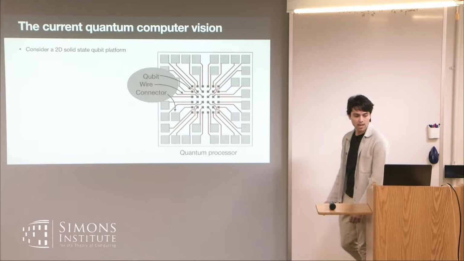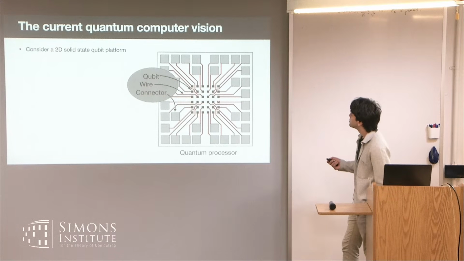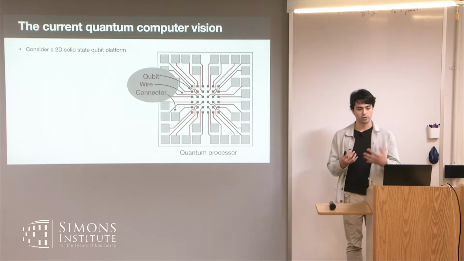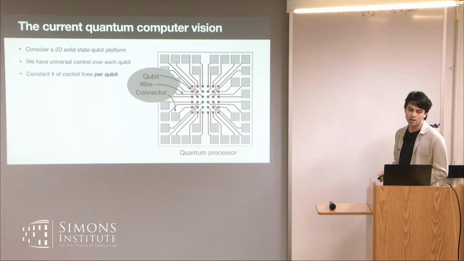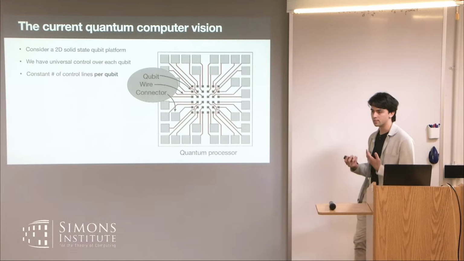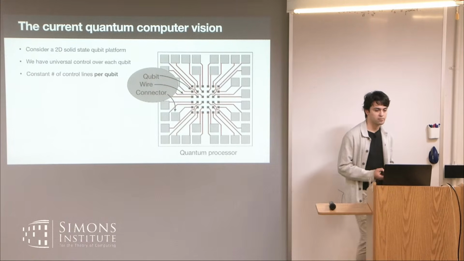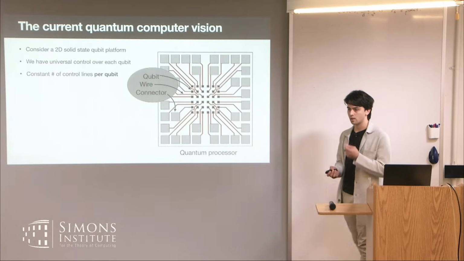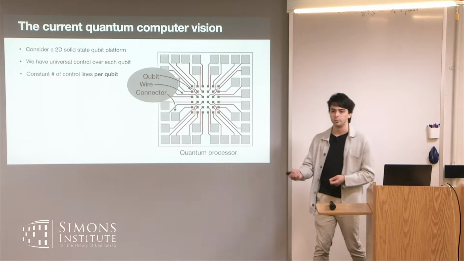You have some grid of qubits, and connectors that connect to the outside world, and you have to route control lines into this bulk of qubits. Currently, we have universal control over each of these qubits, and in particular a constant number of control lines per qubit.